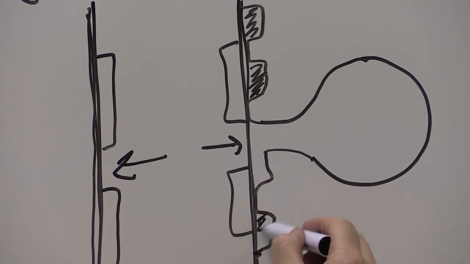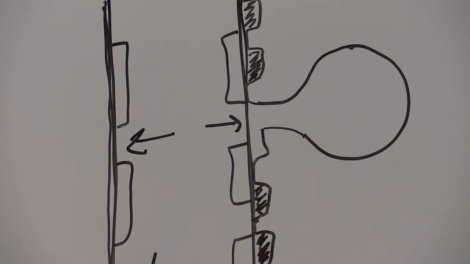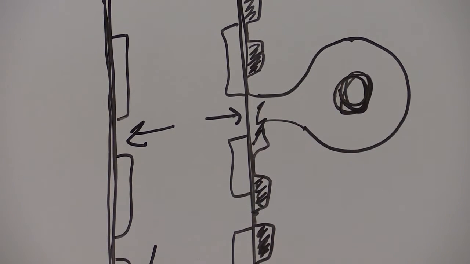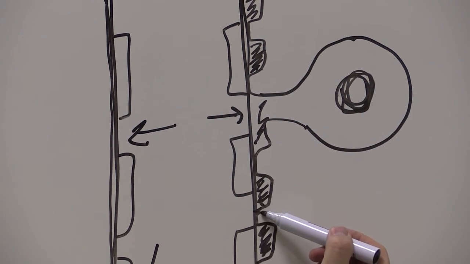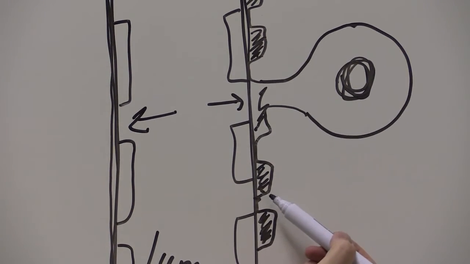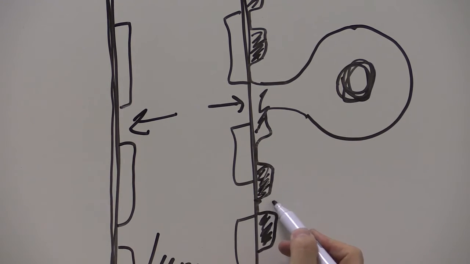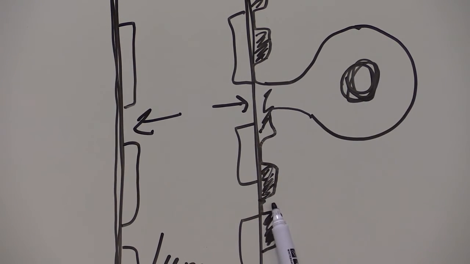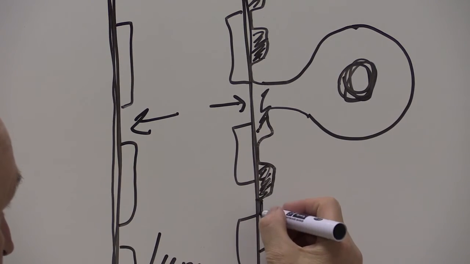Same there. So again, just darkening in the foot processes. This is the podocyte here with its nucleus. So this gap here, between two pedicles, between two foot processes, that is the filtration slit, that tiny slit there. And we know the slit membrane is over there, like that.